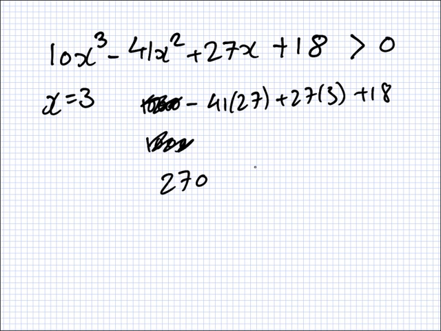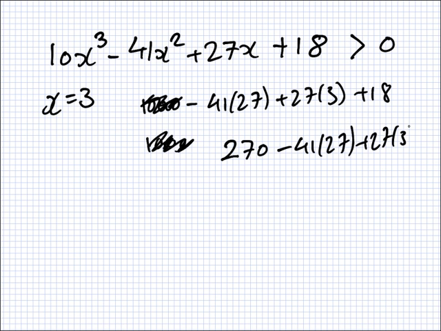Then 270 minus 41 times 9 plus 27 times 3 plus 18. What's that, please? Can you type that in? Yes, 9. Thank you. Okay, I hope after all this it's 0. Oh, good. Okay. So let's divide now.